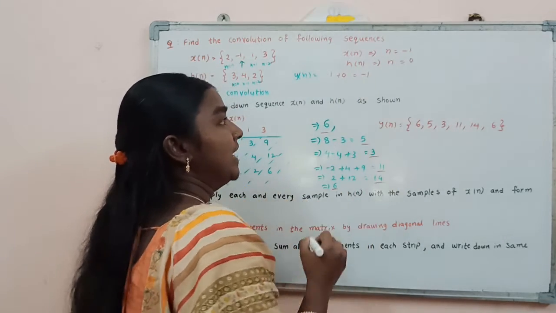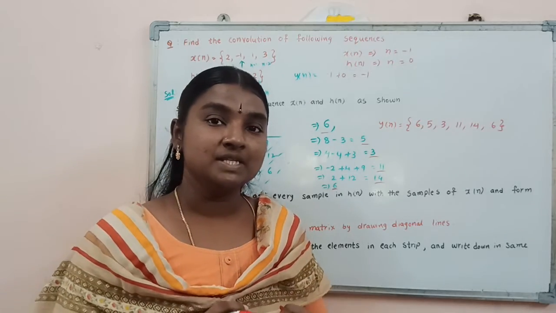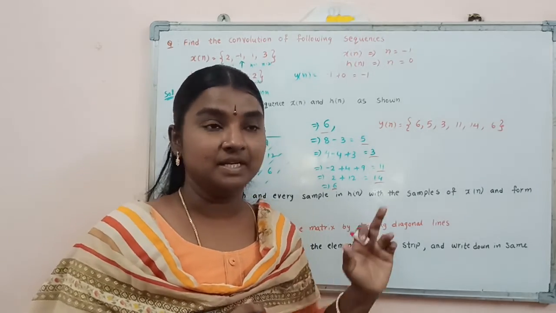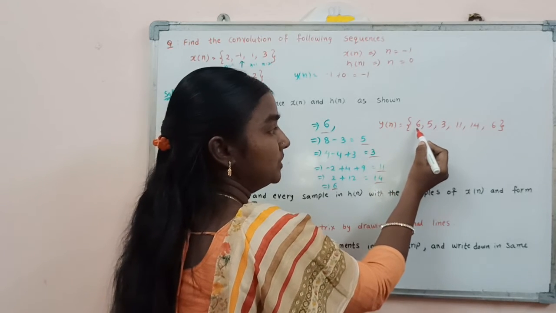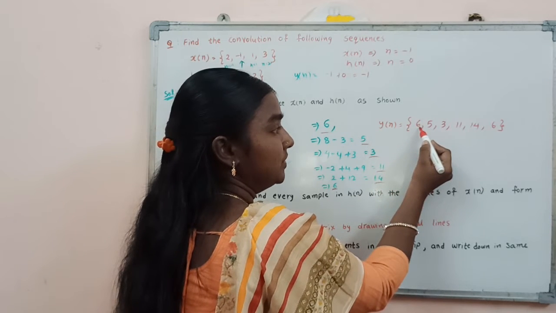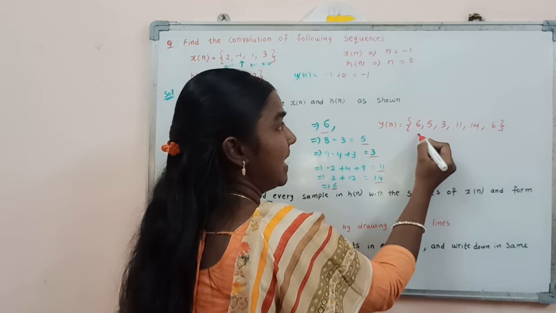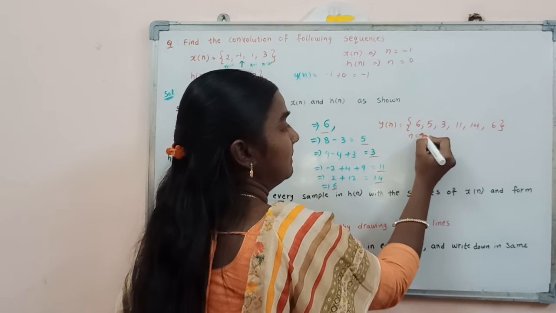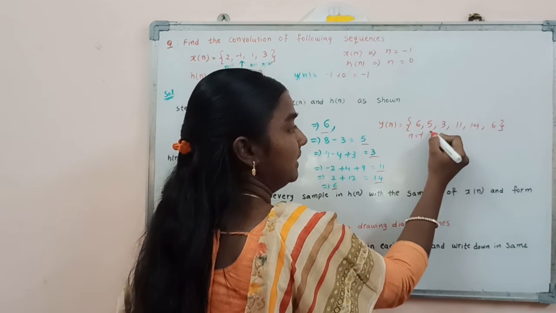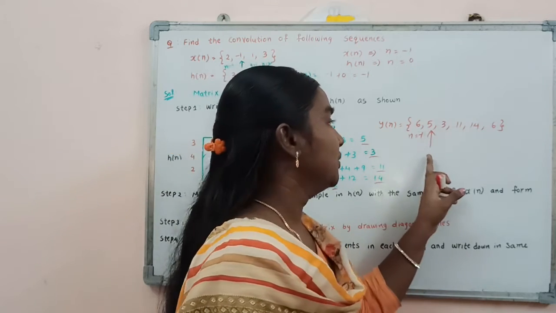So the y of n sequence starts at the time instant -1. In the y of n output sequence, the amplitude 6 is the amplitude at n equal to -1.